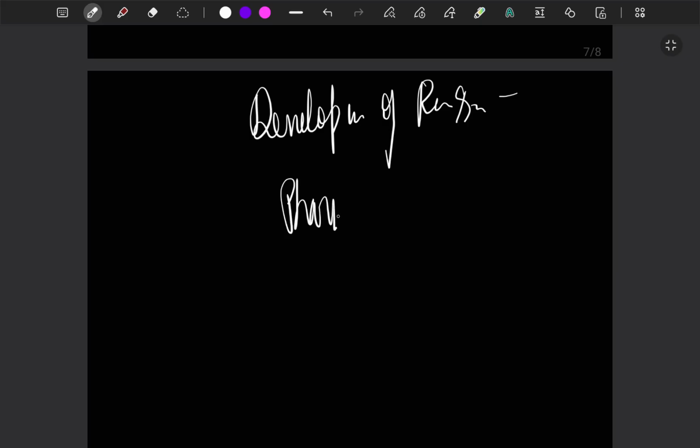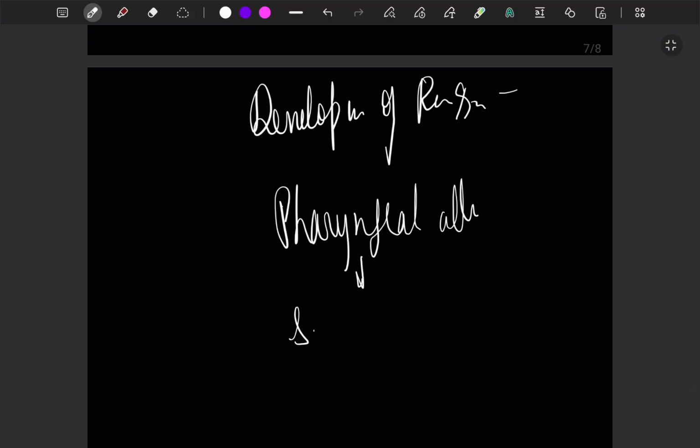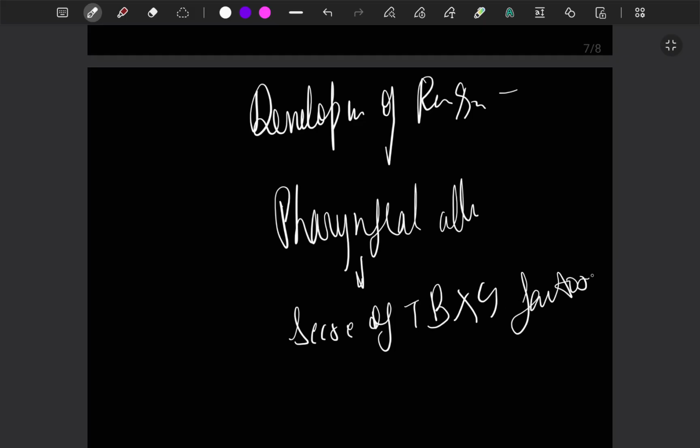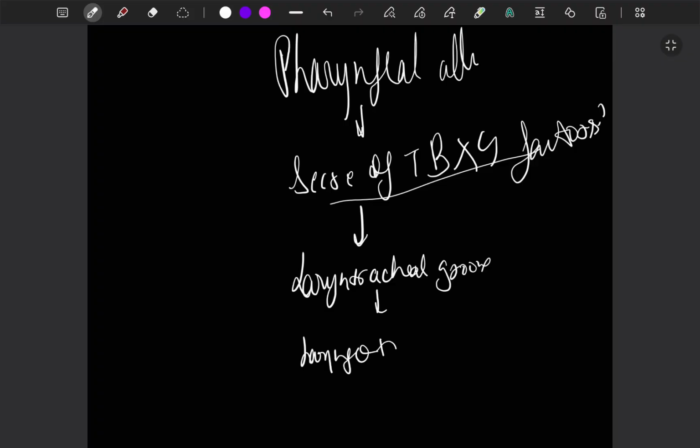There are something called pharyngeal cells, which leads to secretion of TBX4 factors, which leads to the formation of the laryngotracheal groove for the laryngotracheal tube.